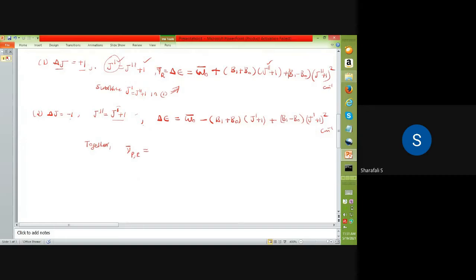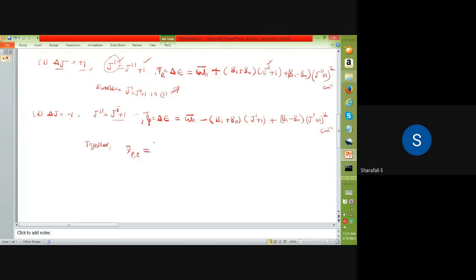Plus 1 is associated with the R branch. This p bar is associated with the P branch. This we already discussed in the last class.